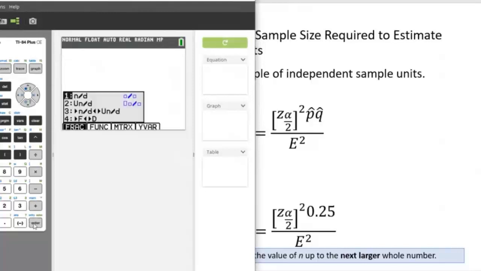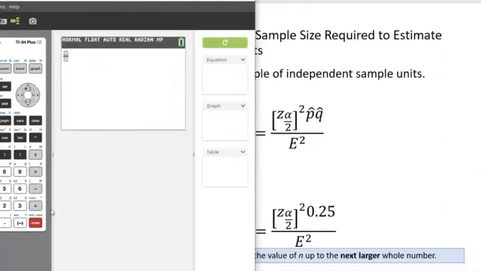So n equals a big fraction. On the top of the fraction, I have 1.96 because of the 95%, and that's squared. Then I need to multiply it times my p-hat, 0.8, and then q-hat is 1 minus that.